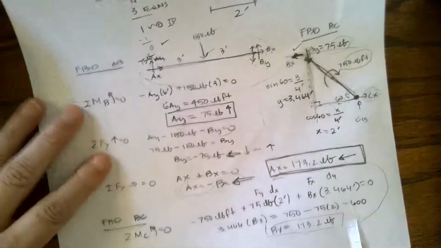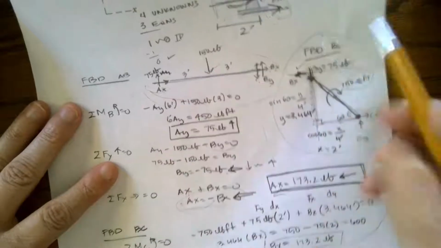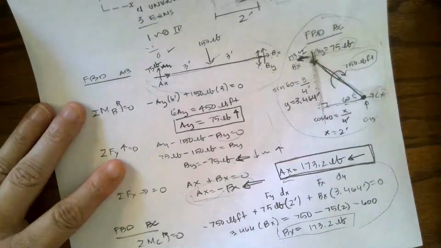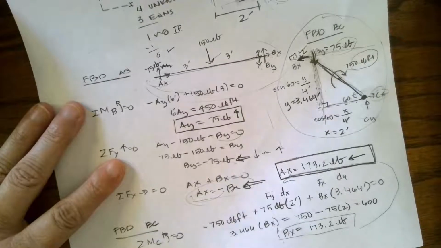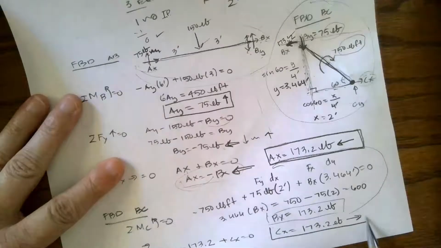So we're going to continue with this piece, and now that I know Bx was correct at 173.2, I can sum forces in the x direction, and I get negative 173.2 plus Cx equals 0. So Cx equals 173.2 pounds to the right, like I assumed.